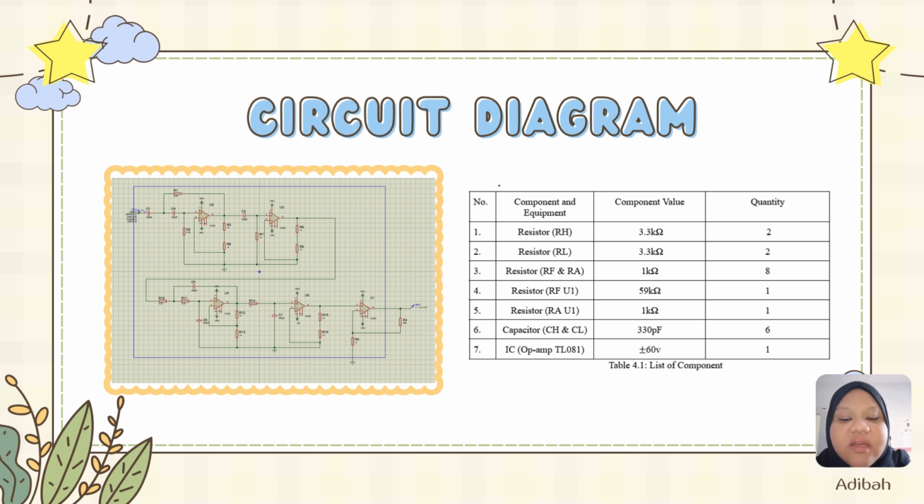We use the TL081 because the value that we can get is highest compared to if we use the LM741. That one has a limit and max, that is because we use the TL081.